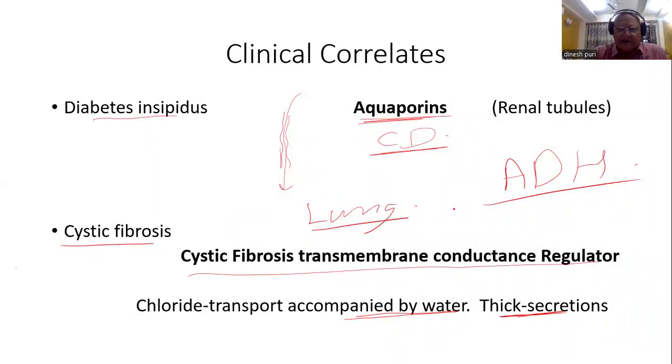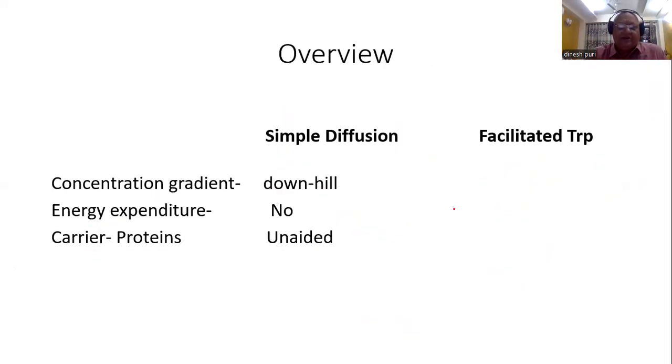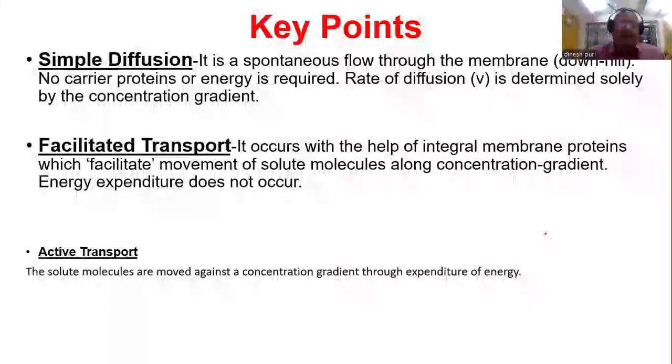So you can extrapolate why that happens. So, overview: concentration gradient, yes. Energy expenditure, no. Here also it is unaided, and this is aided either by ion channels or by carrier mediated protein.